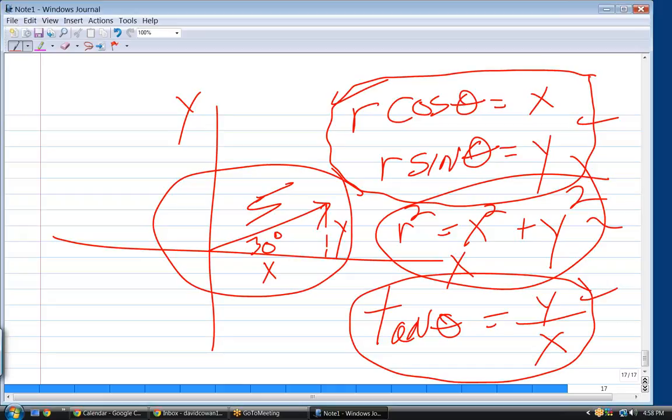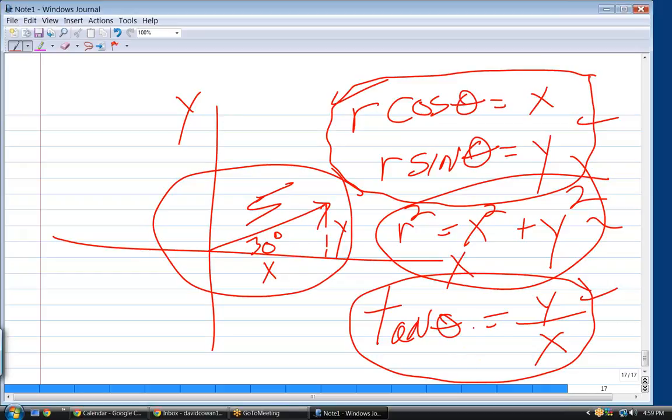So if you were given a set of polar coordinates, you could convert it to x and y quite easily with these 2 equations. If you're given xy equations, you can convert it to polar using the same set of equations pretty easily. So you want to get good at going back and forth between polar and rectangular.